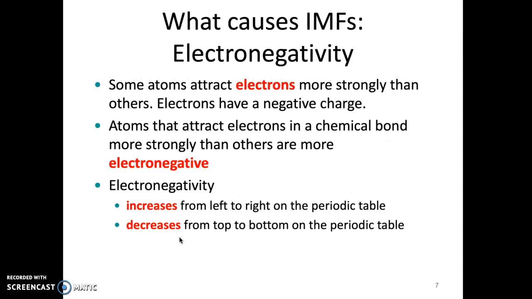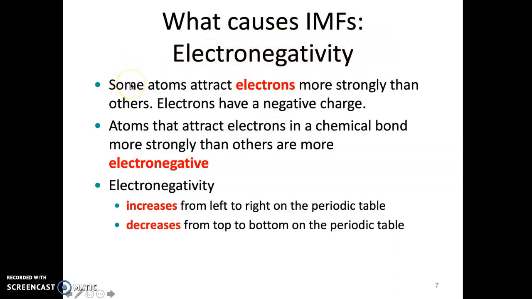So we're going to move from the general to some slightly more technical stuff here. We're going to talk about electronegativity because it plays a really important role in intermolecular forces. Electronegativity obviously has to do with electrons and the fact that they are negative.